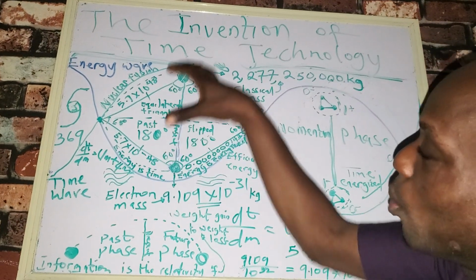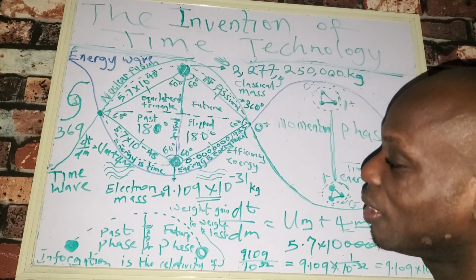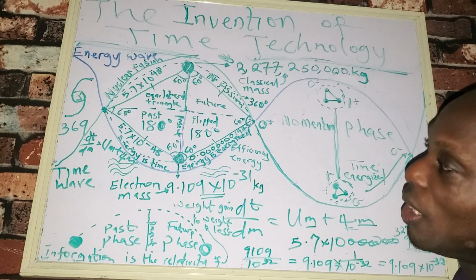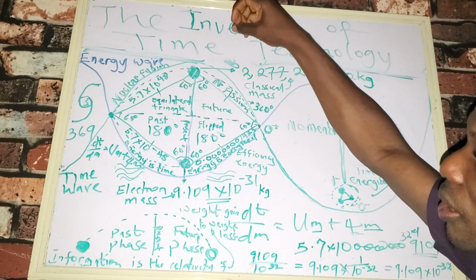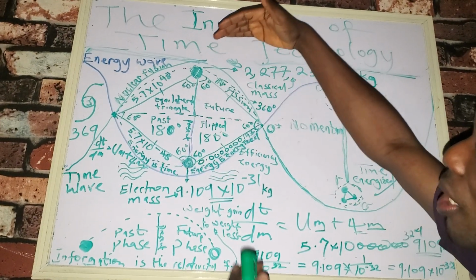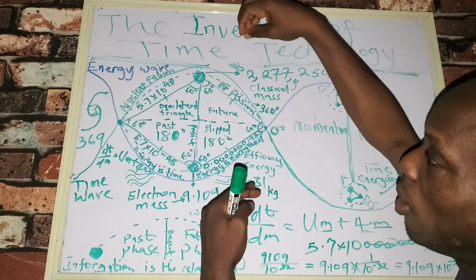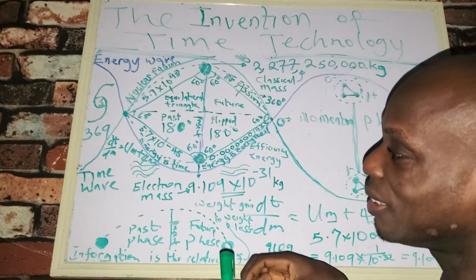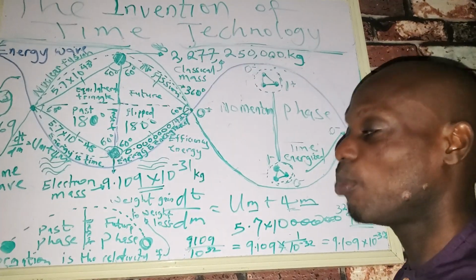So now that we understand that the momentum will actually start from the past, and in the past phase there will be accumulation of mass, that will serve as weight gain. It will serve as relativistic scaling of time, of weight gain formation to light weight formation, and that defines the momentum.